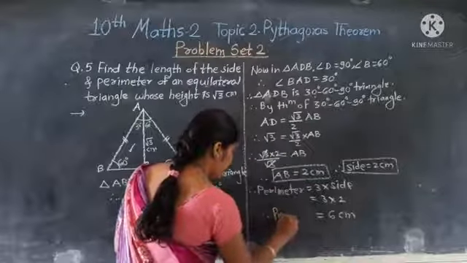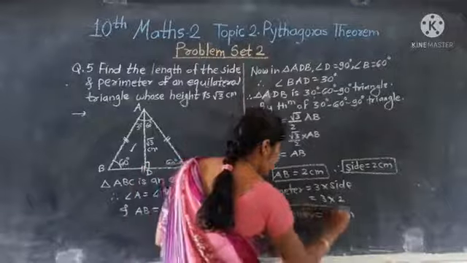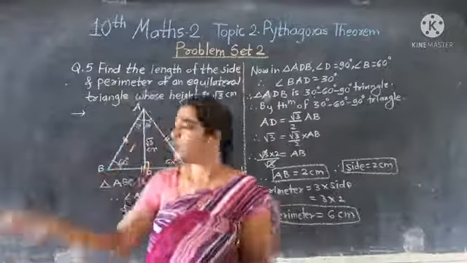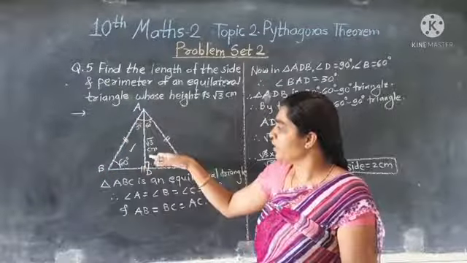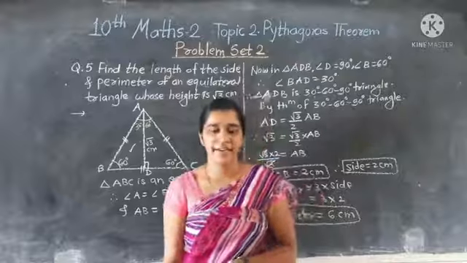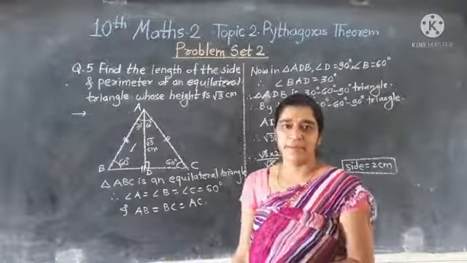Therefore, we get perimeter as 6 centimeter. Okay. First you draw the figure, then we get this triangle as 30-60-90. You use the theorem and find the side and perimeter.